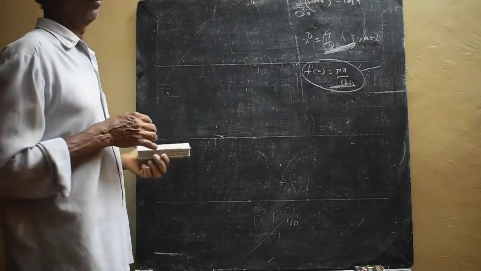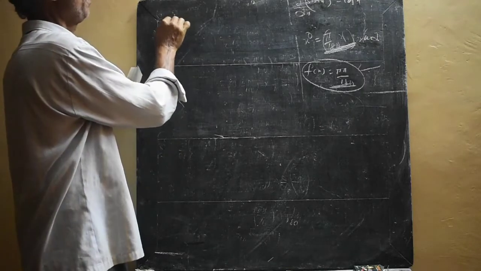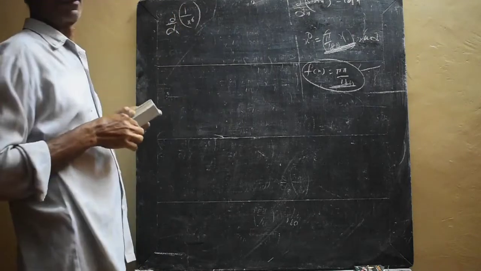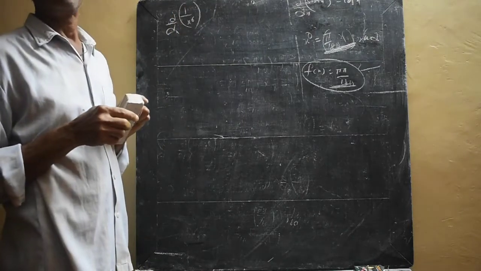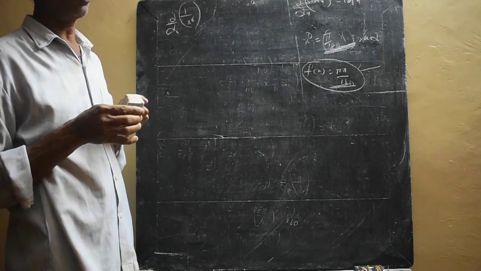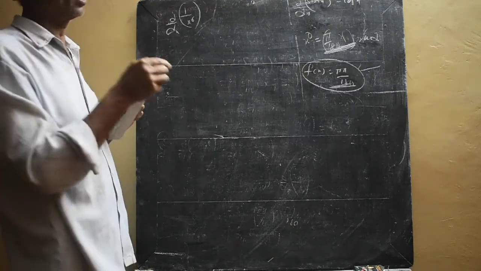Now I will take one more formula here. Look here, d by dx of 1 upon x raised to 6. We know the differentiation of x raised to n, but we don't know the differentiation of 1 upon x raised to n.